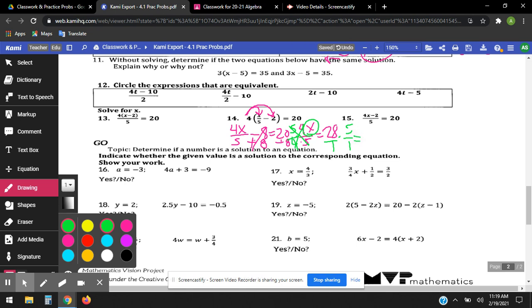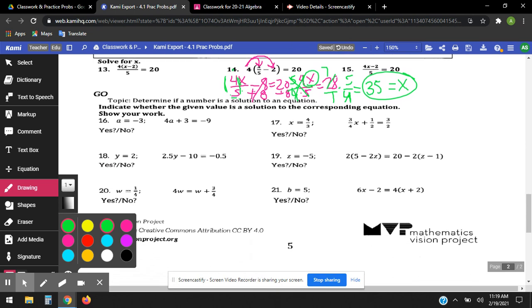Let's see. Do I know that off the top of my head? Well, here, let's simplify. 28 divided by 4 is 7. There we go. 7 times 5 is 35. So in this case, my x equals 35 for number 14. So I just wanted to show you how you can do that division in one step when it's a fraction over here with the x.